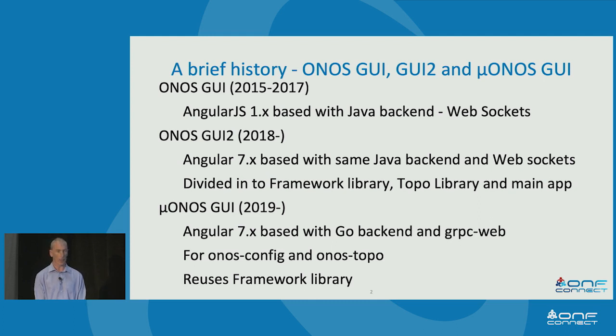So in Micro ONOS, in ONOS config, say for instance, all of the mechanisms to do anything with it, gNMI or admin or diags, is all defined in gRPC, and so we use a proxy called gRPC web, which translates between JavaScript calls and gRPC, and allows us to have a fairly seamless integration. And I'll give a little bit more detail on that later.